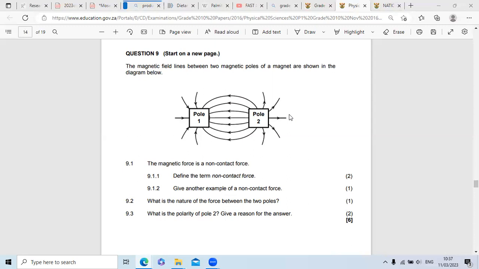So they say give another example of a non-contact force. Can you think of any other force that, let's just say it's invisible, but it can interact with the two objects? I'm not sure.